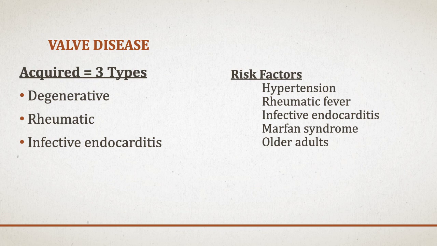So you want to do those echoes, those echocardiographies, to look at those structural changes that occur within the heart. And that will help you to determine the extent of the valvular damage.